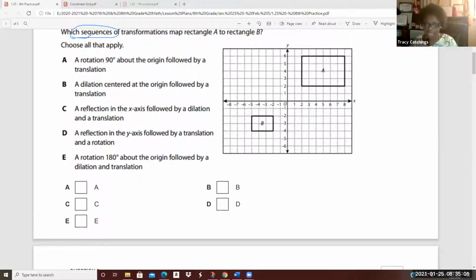So let's ask ourselves with looking at A to B. First of all, what clearly happened to get from A to B? How does that figure now look? Is it the same shape and size? That's the first question you ask.